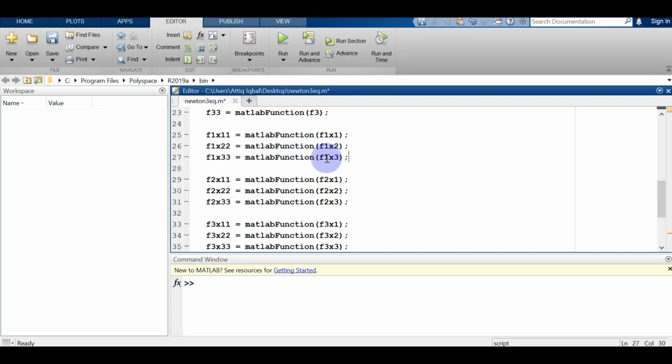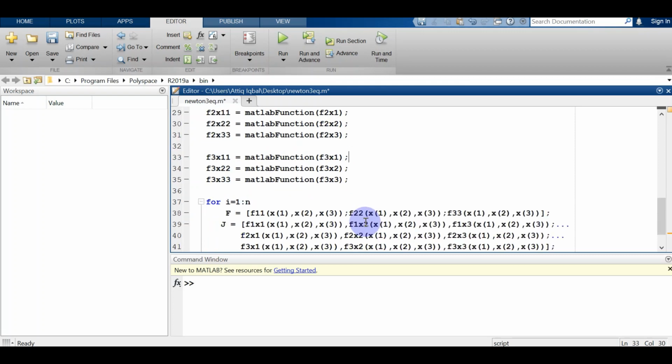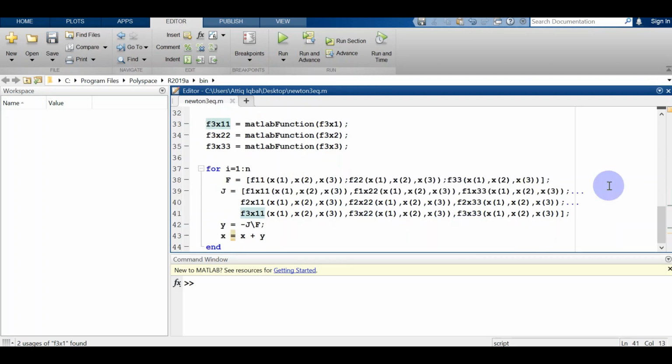I converted all the partial derivative symbolic expressions into MATLAB function handles, and so in the Jacobian I should use these function handles, so they are in x11, x22 and x33. So I have converted all the symbolic expression functions into MATLAB functions and am using the function handles to compute the values at the current x. So let's run this code now.